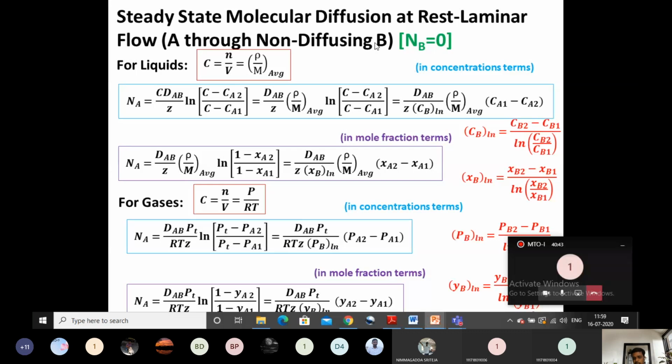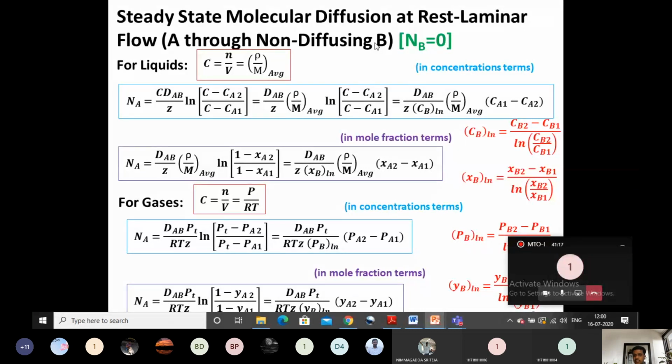I have given the example of NH3 plus air, which is a mixture. Our primary task is to separate NH3 from this air and NH3 mixture. In order to do so, we have to diffuse this mixture through water, because ammonia is soluble in water, whereas air is not soluble in water.